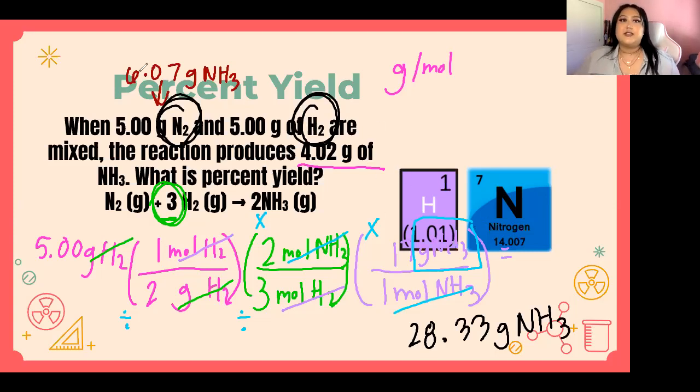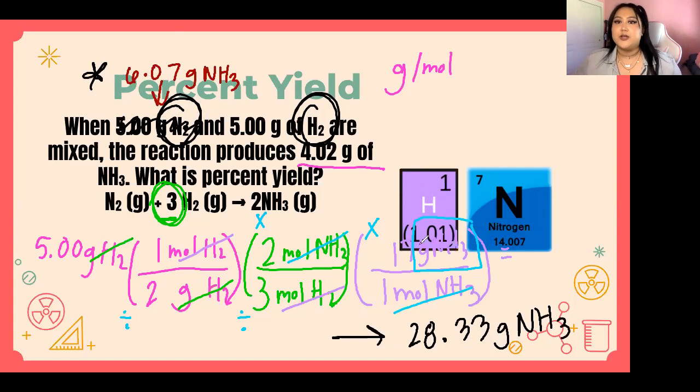Yeah, N2. So the limiting reactant is the smaller value, right? Because if we had 5 grams of H2 and we don't care about this part, we would produce so much more, right?